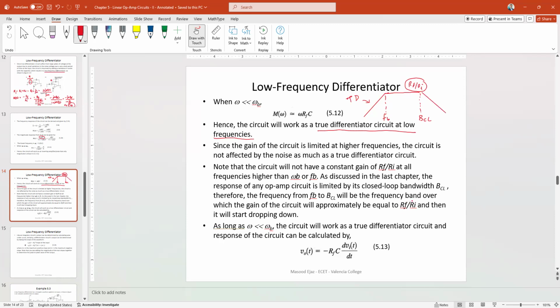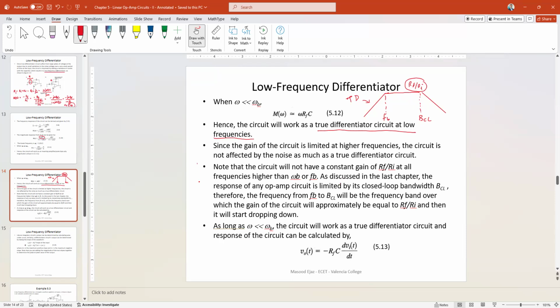So this is pretty much how the low frequency differentiator is going to work. It is going to work as a true differentiator up to FB. For frequencies much larger than FB, it is going to work as an inverting amplifier. And then after BCL, of course, the gain is going to start dropping, as we discussed in chapter number 4.